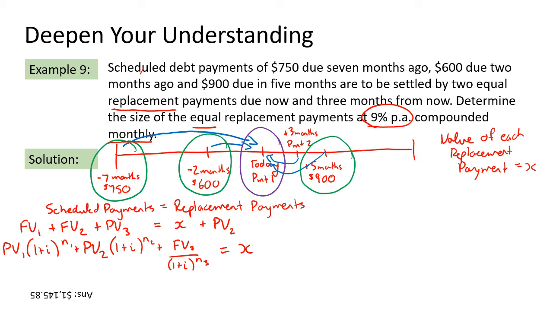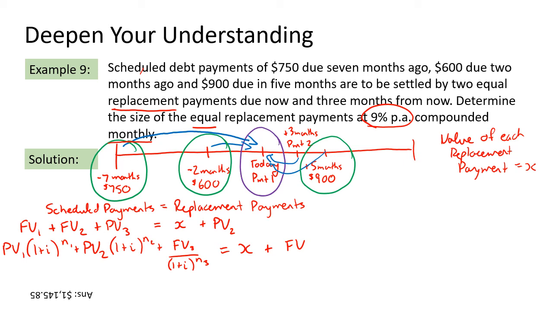Remember the payment, because we're in time period of today, it doesn't have a future or present value calculation. That number is already considered equivalent today. We're going to add the present value of our second calculation. So the present value is equal to that future value of the payment.